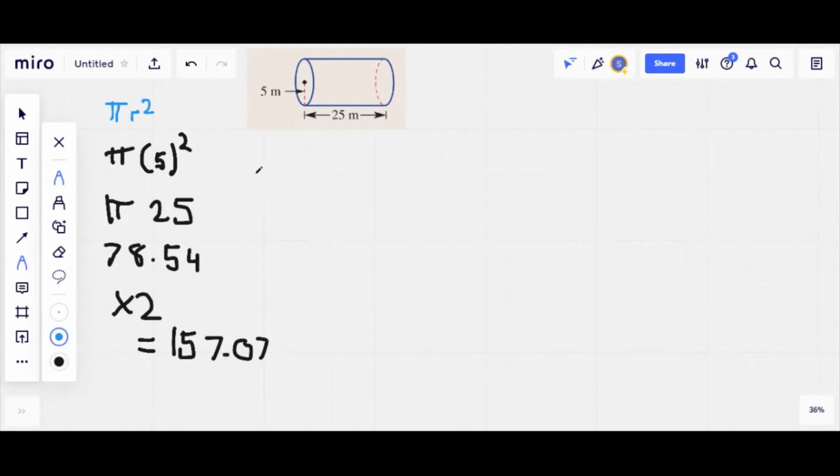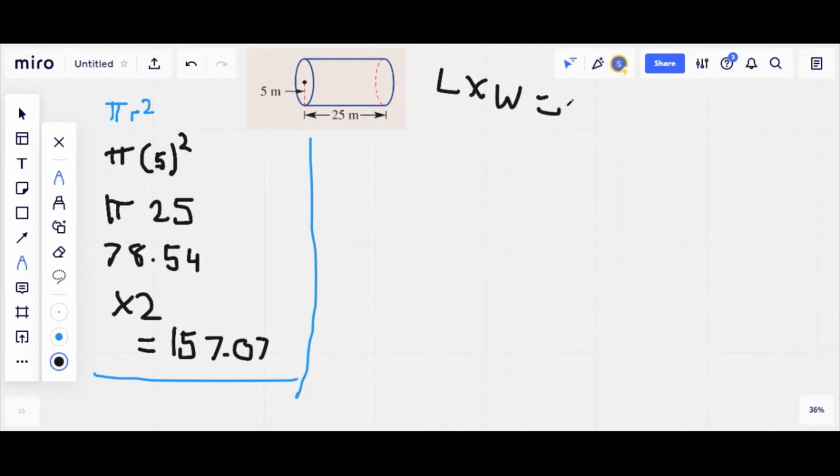So now let's separate that off. Now we've got to find that middle section, that rectangle. Our formula for finding the area of a rectangle is just length multiplied by width equals A for area.